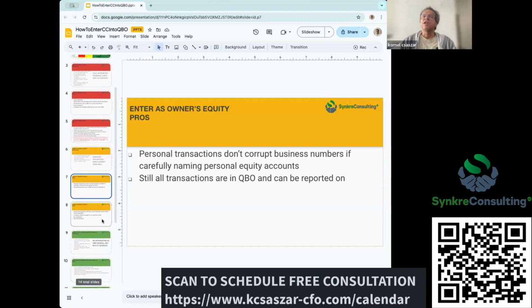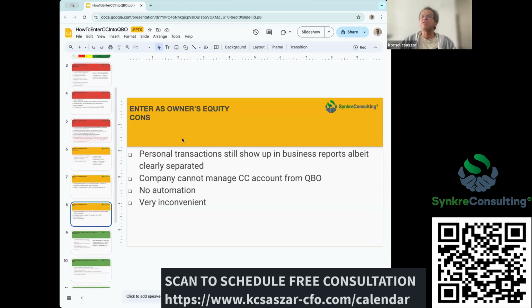Now the cons of entering credit cards as owner's equity are these. Personal transactions still show up in business reports, albeit clearly separated. The company cannot manage the CC account from QBO. Managing this account from the chart of accounts is much more awkward than you're used to using the bank transaction screen.